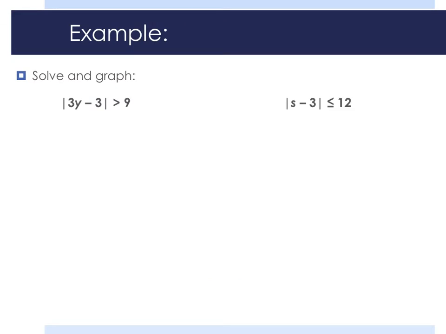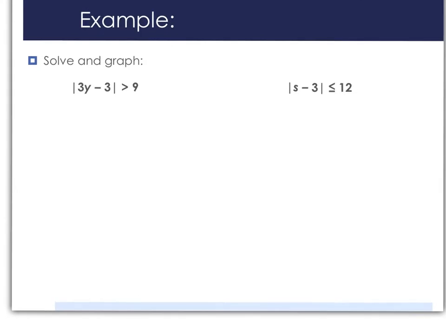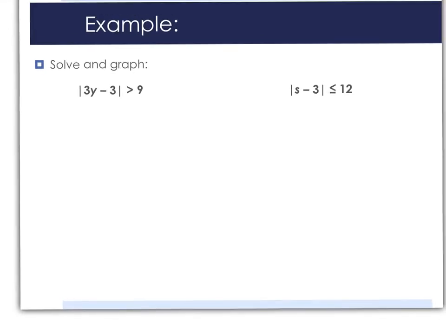So here are some examples. We're going to need to solve them first, and then we'll graph them second. The absolute value of 3y minus 3 is greater than 9. First thing I note, the absolute value symbol is alone all by itself. So what do I know?